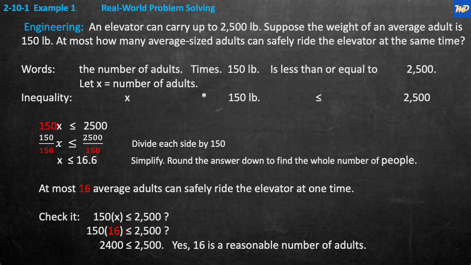So, okay, example 1. We have a real-world problem to solve here. It's an engineering problem. An elevator can carry up to 2,500 pounds. Suppose the weight of an average adult is 150 pounds. So we're going to assume in this problem that every adult we're talking about weighs 150 pounds.